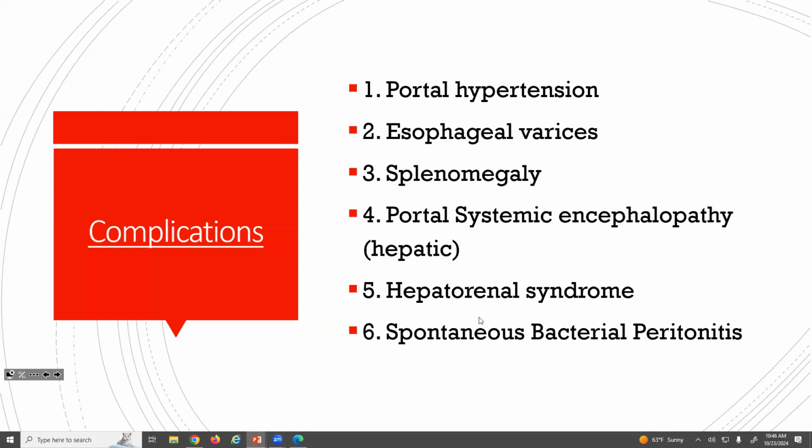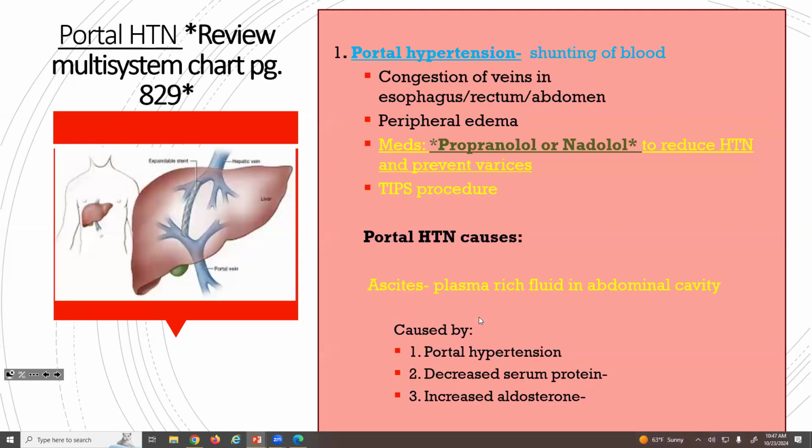Bacteria gets into the fluid buildup, we're in bad shape, right? Peritonitis, how do you know someone has peritonitis? Abdomen is swollen, and what else does it feel like? Hard, yeah, that's a big characteristic of peritonitis, absolutely. So that is a risk with your cirrhosis.